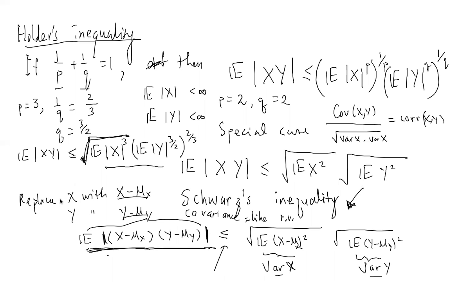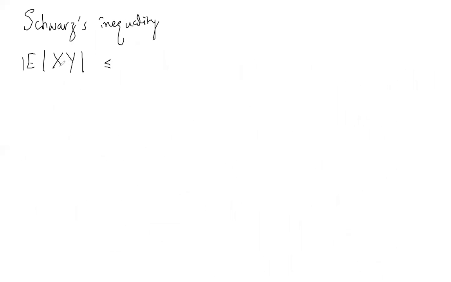So from here, maybe I just clear the board. So I have Schwartz inequality. Expectation of absolute xy is bounded by square root of expectation of x squared, expectation of y squared, okay?